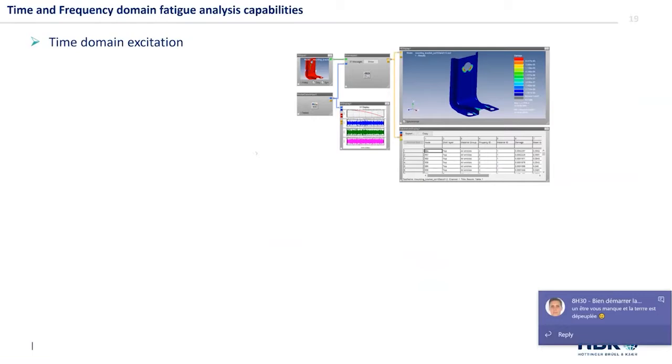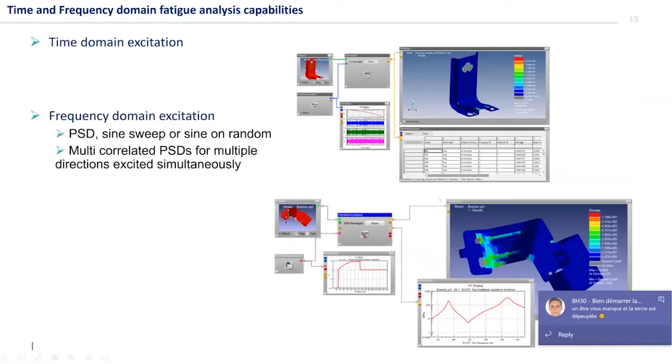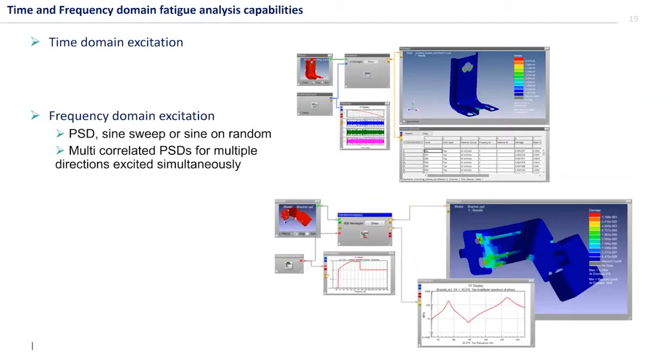But frequency domain is often faster, and everything is based on statistics, and it's closer to what you will do on the shaker, because it utilizes the same sort of inputs. So in that case, we've got our FE results files containing the frequency response functions.